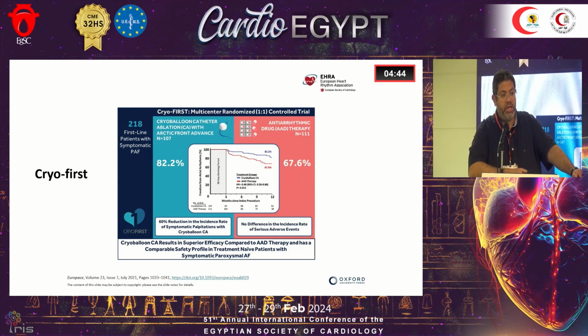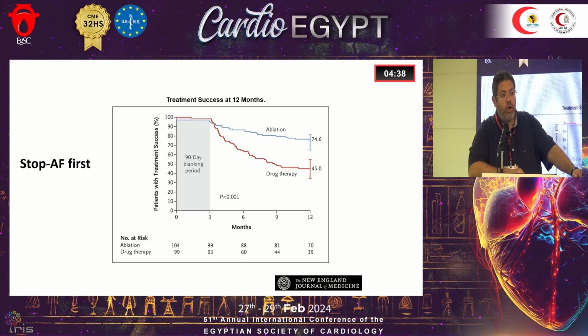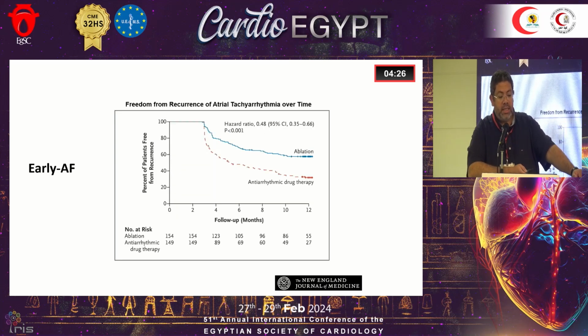About 200 patients were randomized in this study. Following the cryo first, there is the STOP AF study, which had a similar design. Patients were followed for 12 months, and the result again was in favor of ablation. The last study in this area was the EARLY-AF study, which had pretty consistent results.